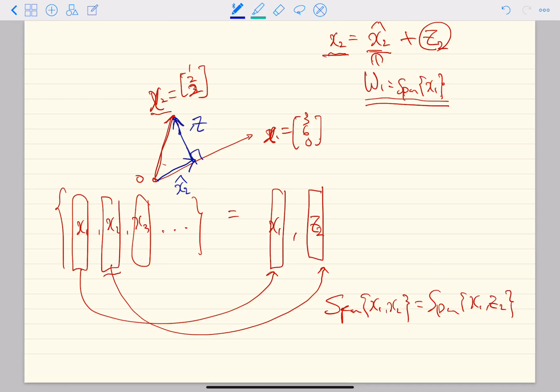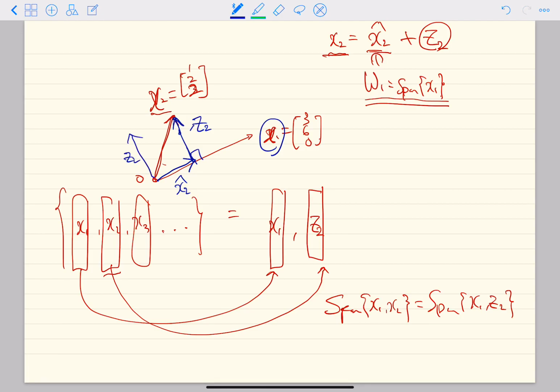But we now consider a new set of bases that spans the same subspace spanned by x1 and x2: this x1 and this z2.